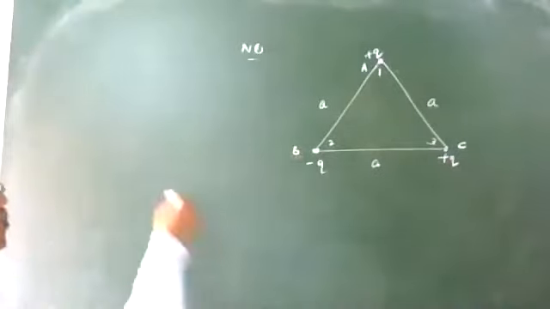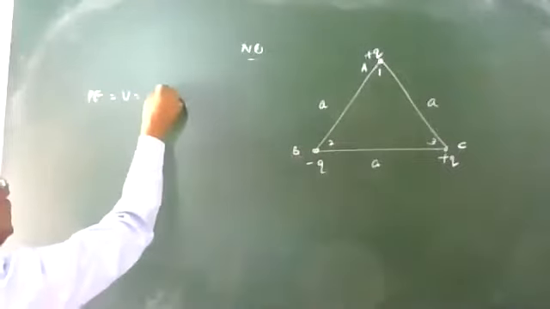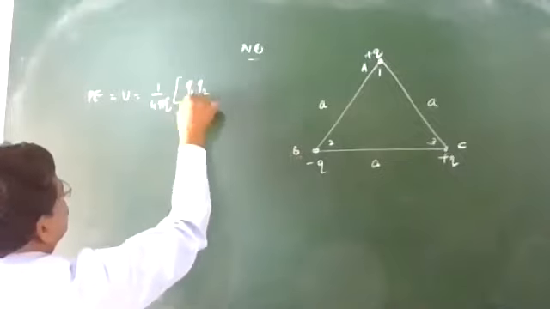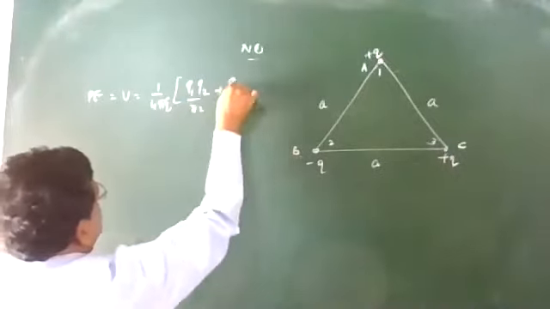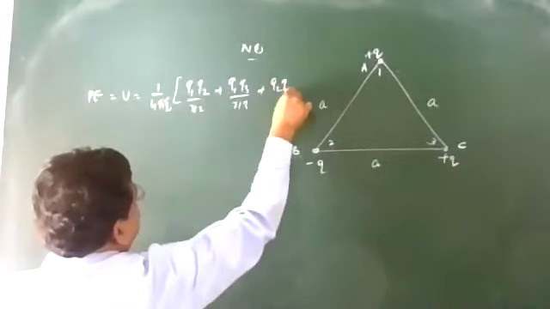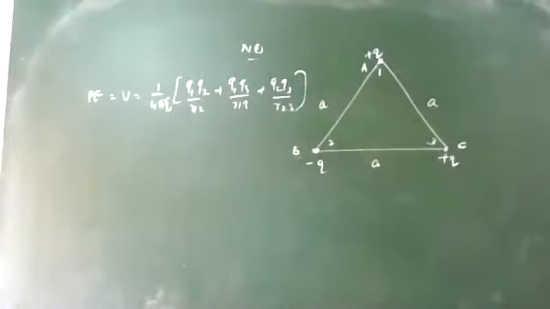So you can write the potential energy U equal to K, that is 1 by 4 pi epsilon 0, 1,2 plus 1,3 plus 2,3. And substitute the values. Unit of energy is joule, SI unit.